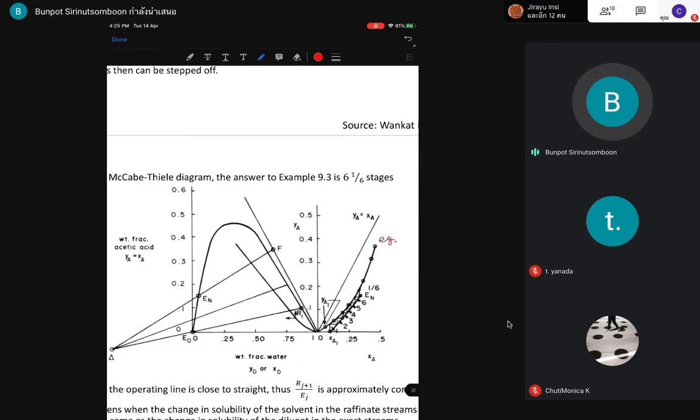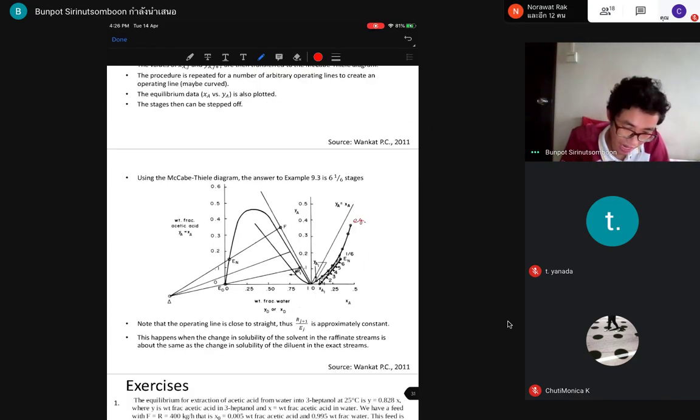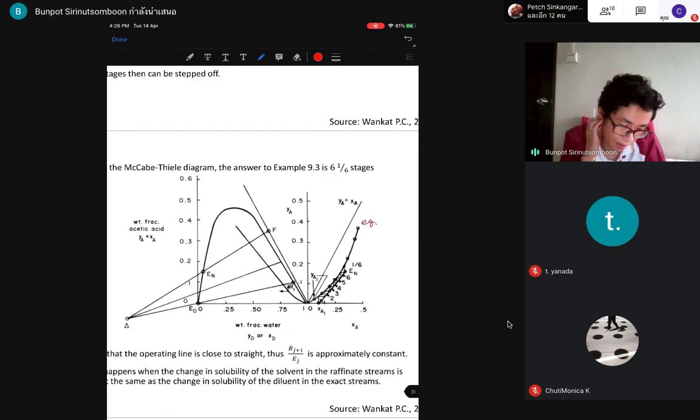Okay, so yeah, this is the example. You can use this technique also to find the number of stages. Actually, I planned this, but this chapter requires a little bit more explanation.